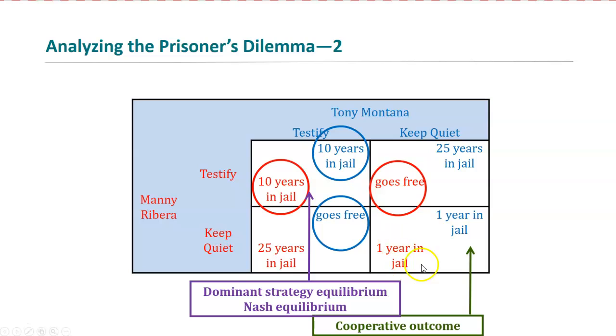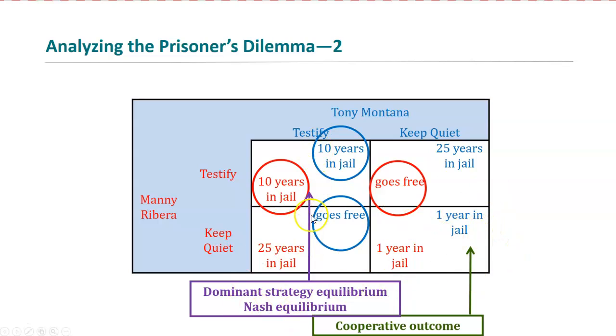Because it is in Tony's best interest, if you stay quiet, Tony can go free if he testifies, right? So there's some incentive to deviate from the cooperative plan, and because of that, everything sort of breaks down to where we have really the second best solution, not the absolute best cooperative solution.